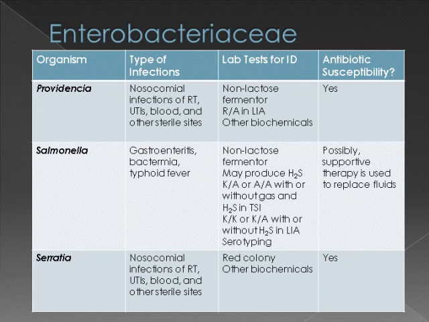It'll be K over K or purple over purple, or K over A, purple over yellow, with or without H2S in the LIA. Serotyping is also needed to identify which serotype of Salmonella is present. Antibiotic susceptibility might possibly be done. Supportive therapy is usually used to replace fluids lost from the diarrhea caused by Salmonella.